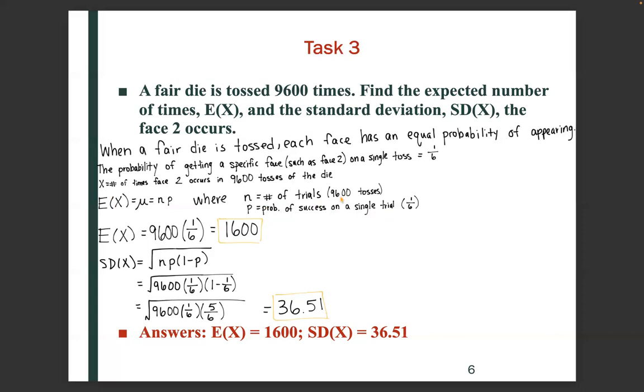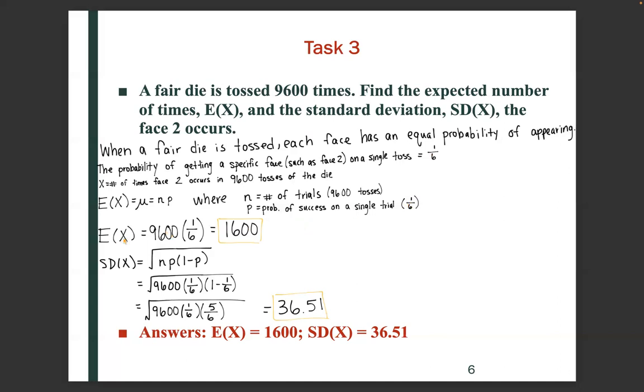So n in this case is 9,600, and the probability of success on a single trial is 1/6, because we're interested in the number of times face 2 occurs.